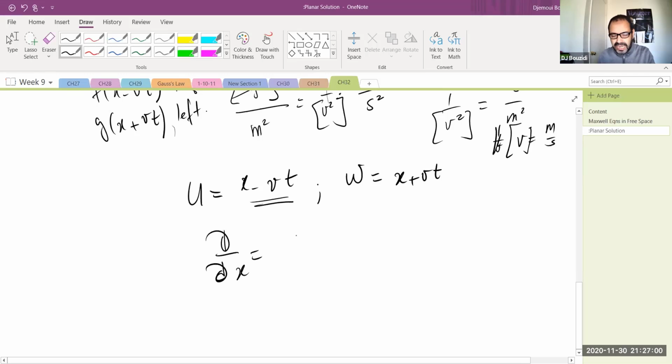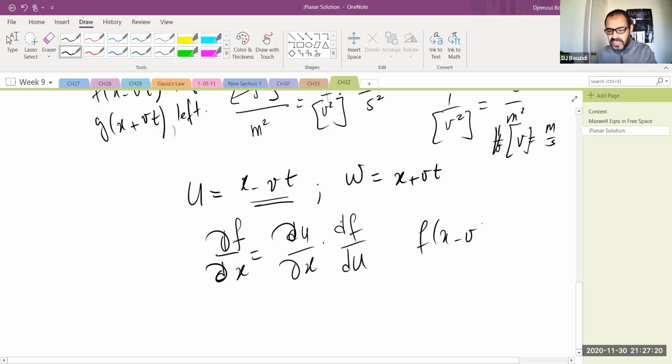what I can say is I can take the derivative. So this function in here, for example, f, if I take its derivative with respect to x, I do the chain rule. So it's a partial of u with respect to x times the derivative of that same function with respect to u. In other words, this function f of x minus vt, what I can say is a function of u.